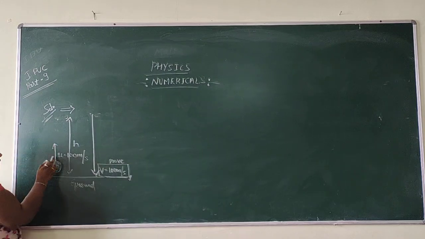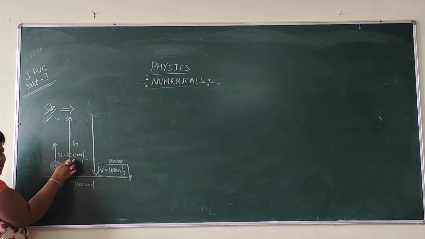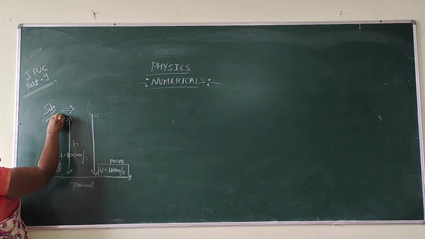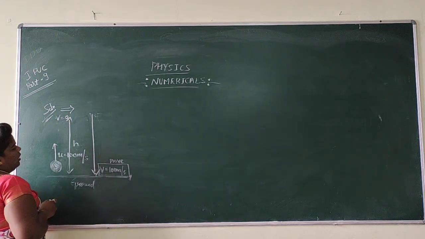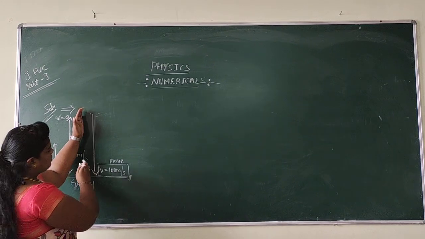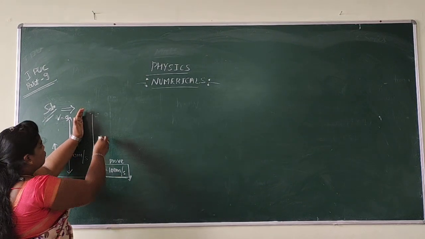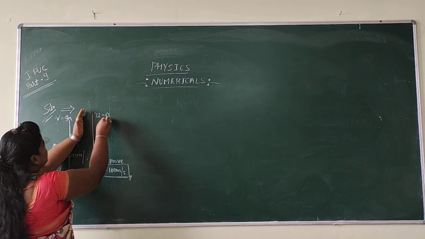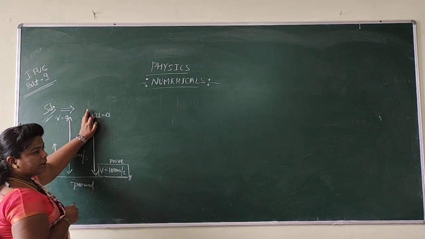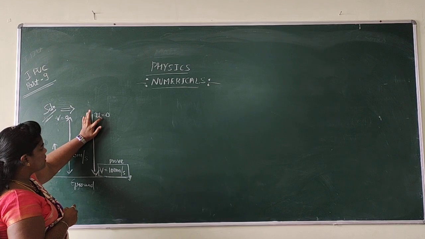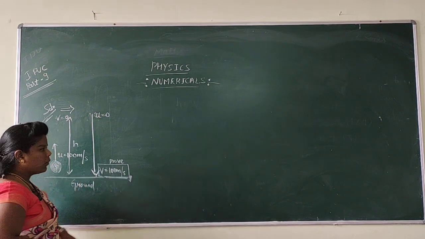For the upward journey, u is 100 meters per second, so the final velocity is 0 at the highest point. Now forget this. For the downward motion, this is said to be the initial velocity and this is said to be the final velocity. At the highest point, it is always equal to 0, so I mentioned u as equal to 0.